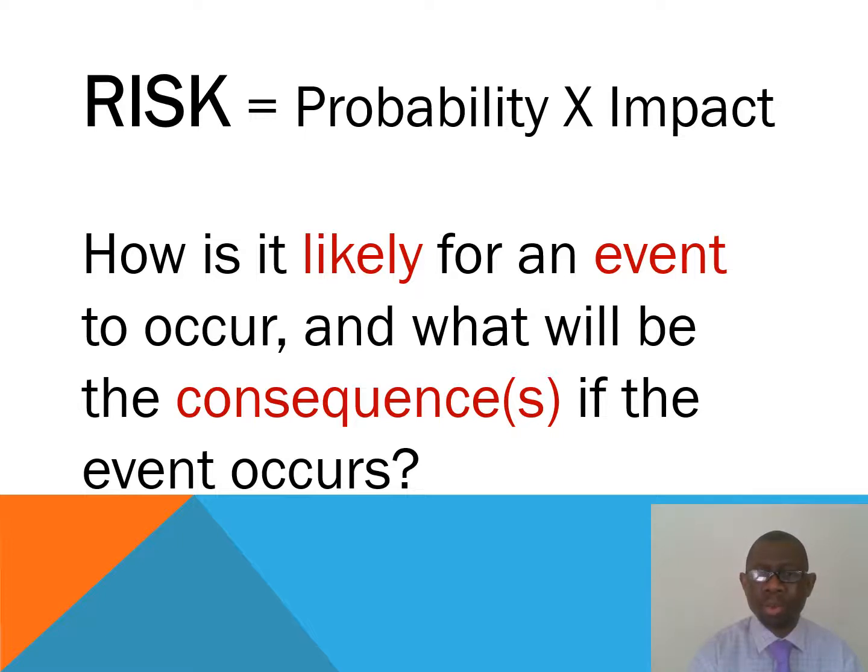And what will be the consequence or consequences if the event occurs? So we're looking at a situation: if this event occurs, what will be the consequence? And also, what is the probability that this event will occur at all? That is what is termed risk.